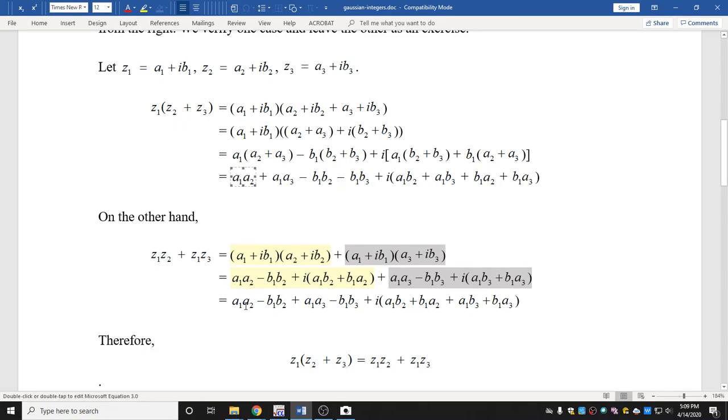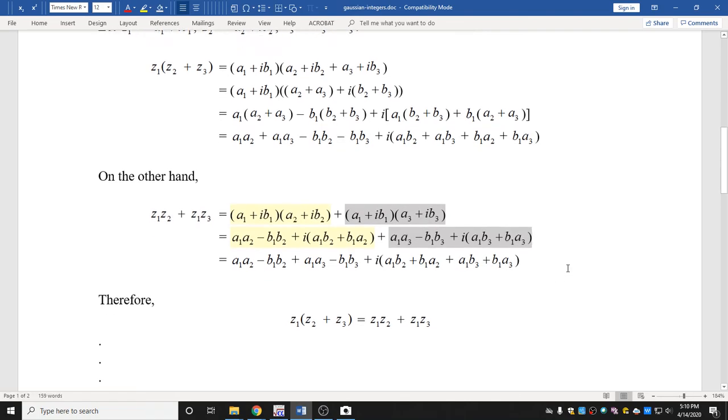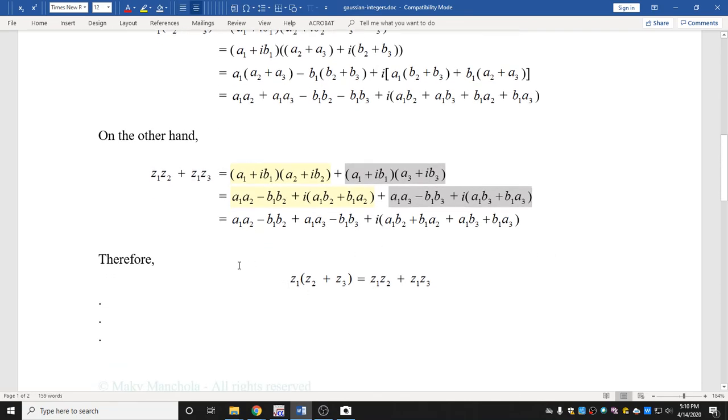So you get a1 a2 plus a1 a3 minus b1 b2 minus b1 b3 plus i times (a1 b2 plus a1 b3 plus b1 a2 plus b1 a3). Therefore, those two are equal.